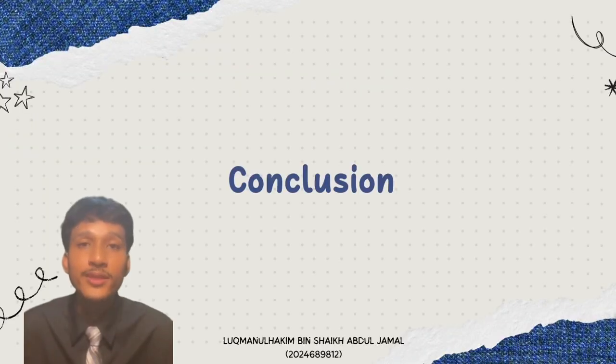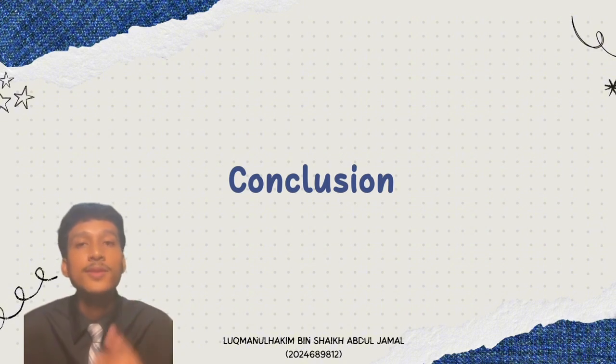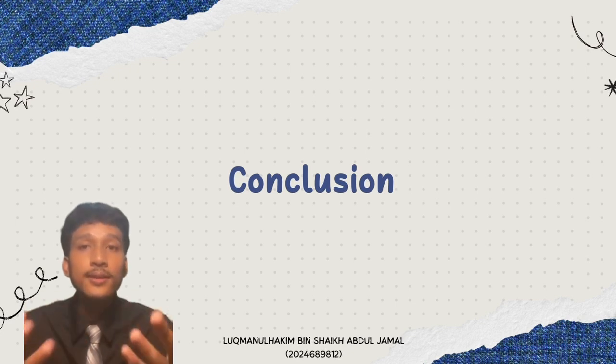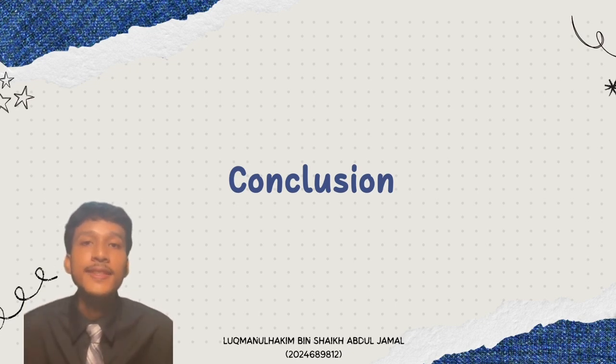For conclusion, training is very important for employees and the company. It helps workers learn new skills, do their jobs better, and feel more confident. When employees are trained, the company also benefits because the service improves, customers are happier, and work becomes more efficient.